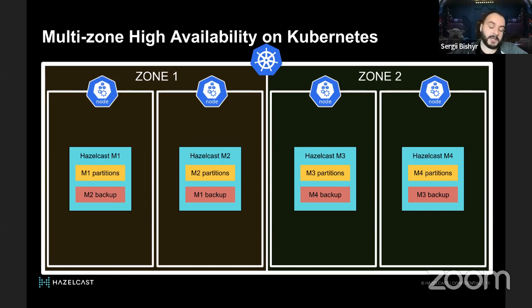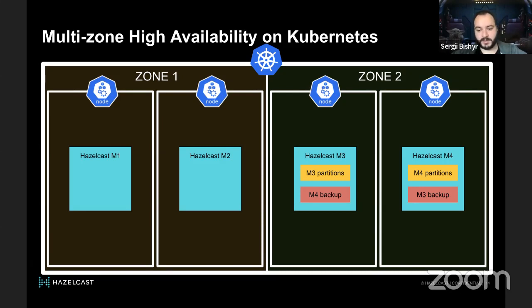And it might happen that the whole availability zone might fail. So in this case, we might lose all the members and all the nodes that are located in this zone. So we will, again, need to restore the data from the backups. If we are spreading the members equally on different zones, and if we are storing the backups in different zones, then again, we could restore this backup.